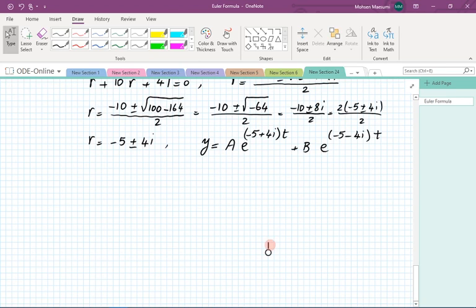So we are going to separate the problem into two pieces. One is the real portion, where we have no issue, and then the imaginary portion. So I go ahead and rewrite this. I write it as exponential of minus 5t times exponential of 4it, and then again exponential of minus 5t times exponential of 4it. So I distribute it, and exponential of a plus b you can write as exponential of a times exponential of b.